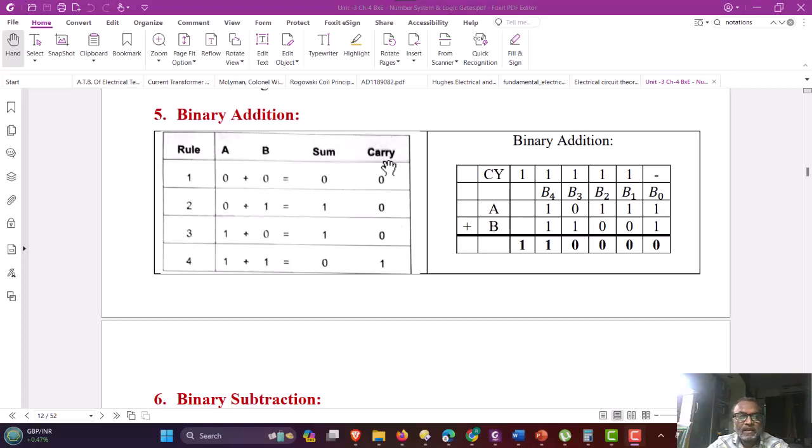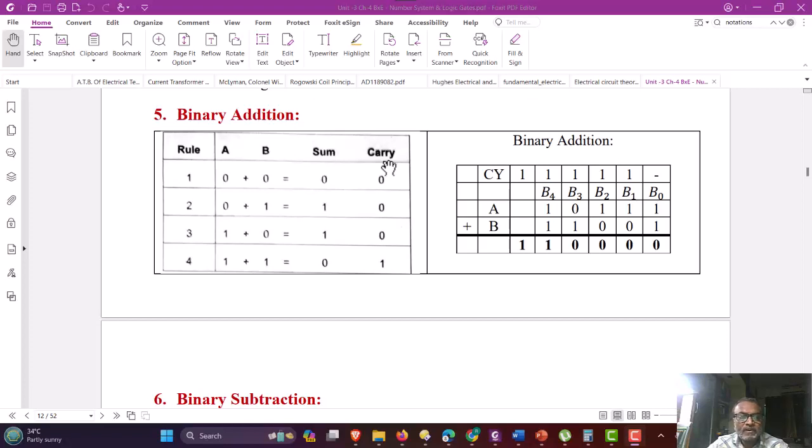When A is 1 and B is 0, the sum is 1 and carry will be 0. When both the bits are 1, that is 1 plus 1 is 0, that is the sum, and carry is 1.